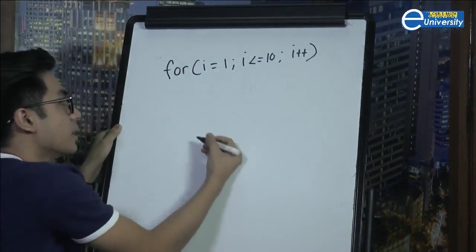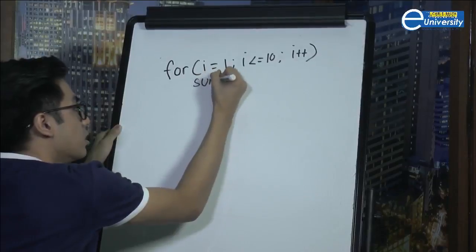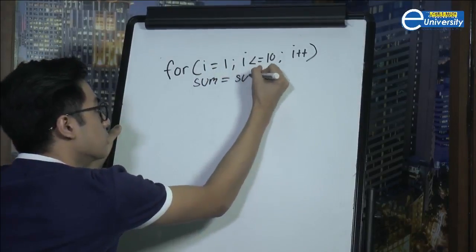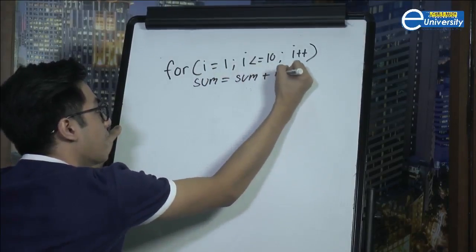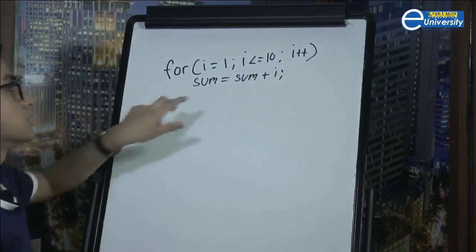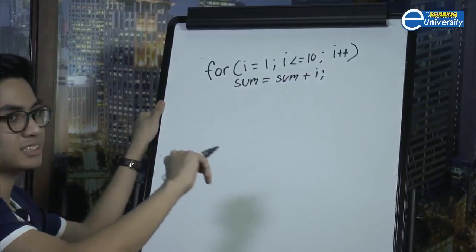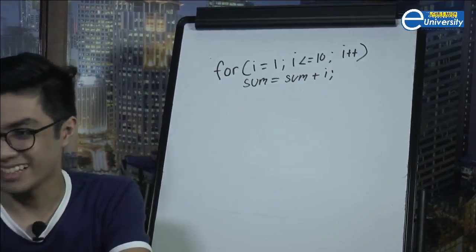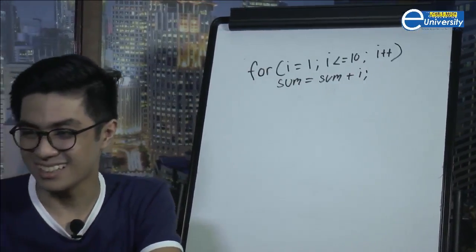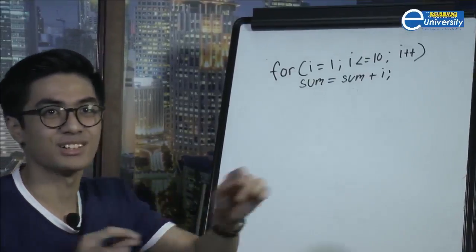With this statement, we have inside sum equals sum plus i. So first we start, since sum is, okay, I forgot that. You should always put sum equals 0.